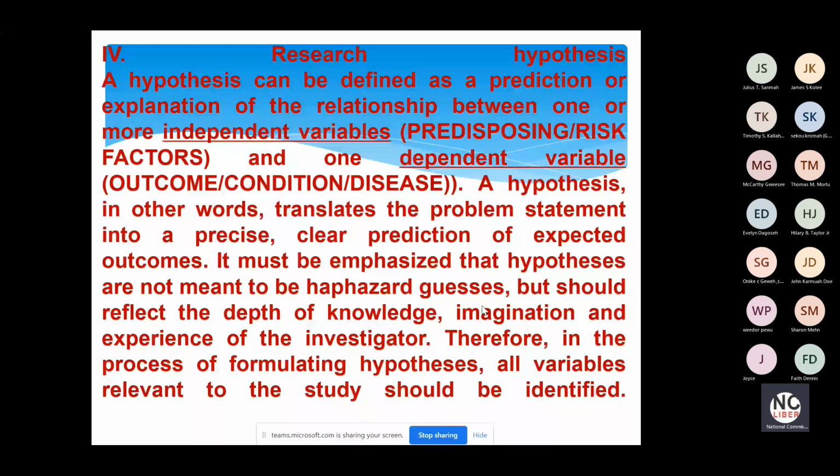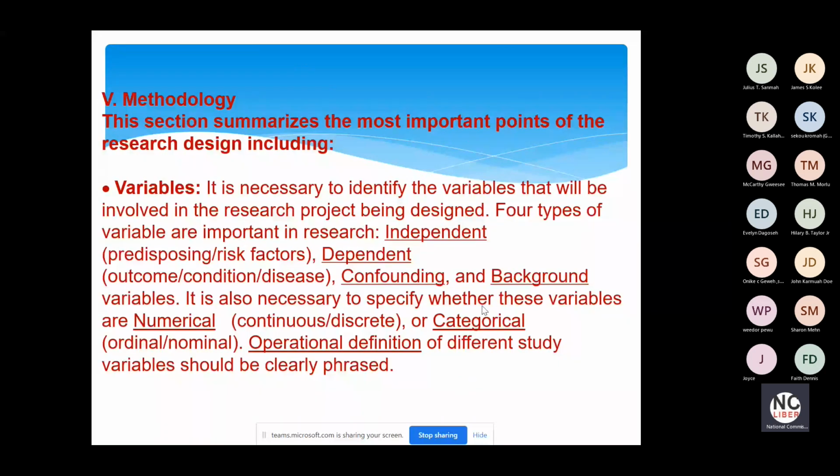So the methods, we're talking about those important points. In your methods, you discuss the variables. You have to tell us the variables that will be involved in the study. There are four main types of variables.